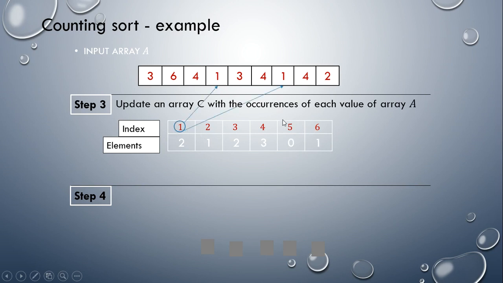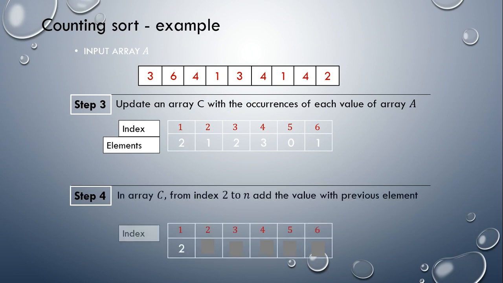These are the actual counts of the given array, but what is the position of a given value in the output? For that we update array C with the cumulative occurrence of each value. First we copy the same value, and after that we add the previous value to the actual count.